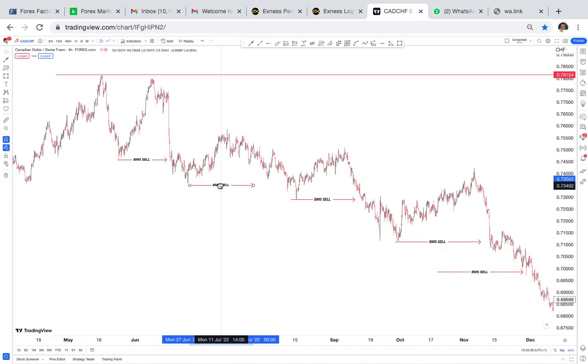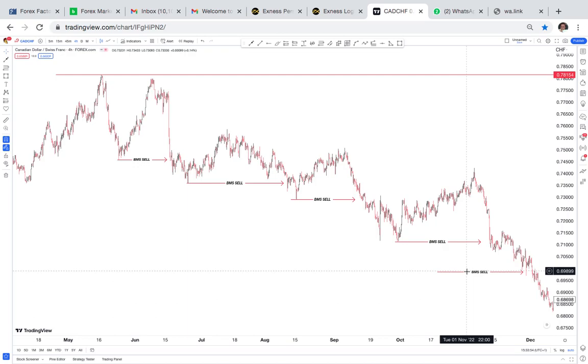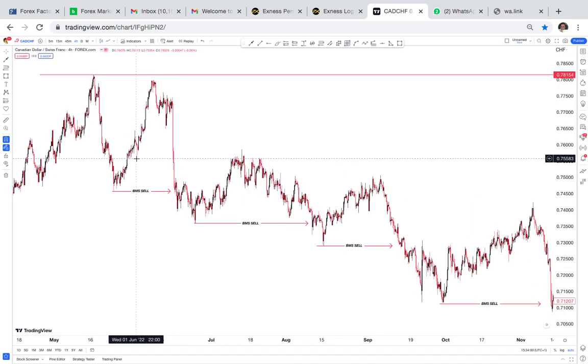So what I want to do is walk my way from this high down. I want to know the obstacles. So let's enter this first one now.